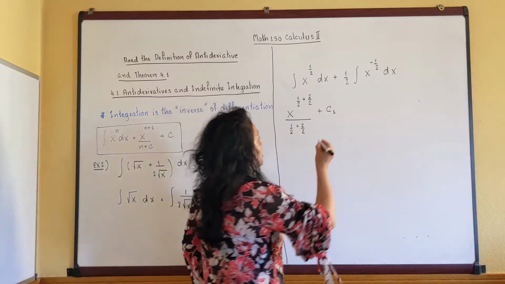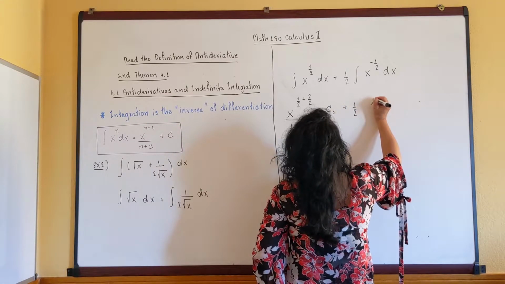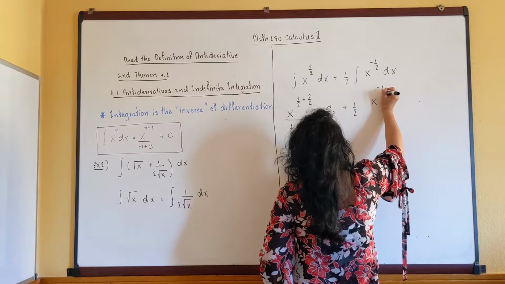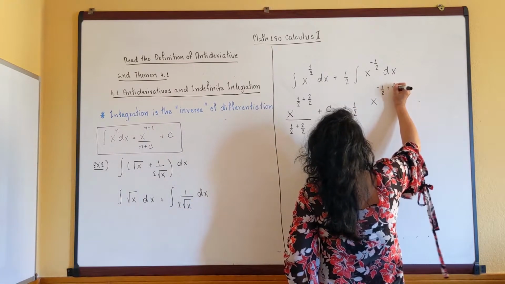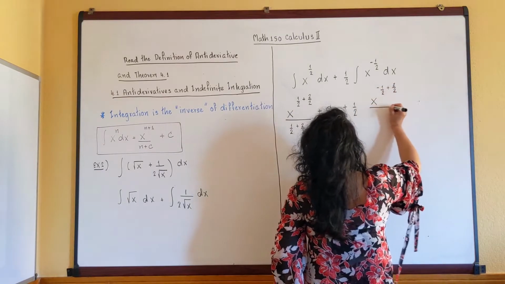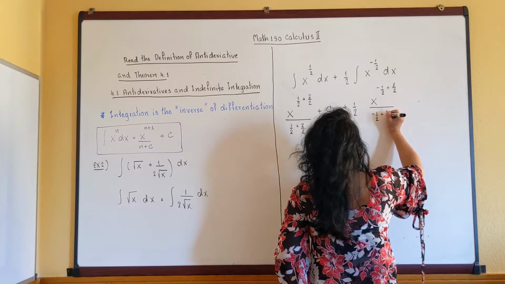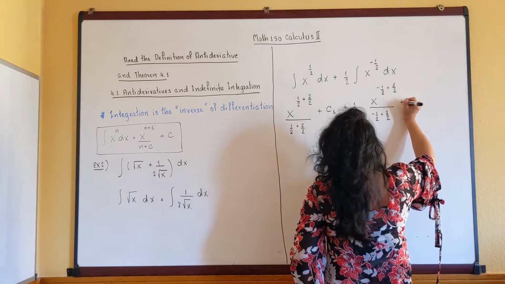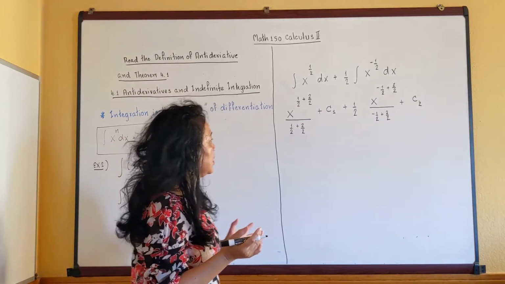The second term, I'm going to have 1/2 and then x to the negative 1/2 plus 1. I'm going to write it as plus 2 over 2, divided by negative 1/2 plus 1, which is 2 over 2, plus, let's call it c2. It's a constant. We don't know what it is.